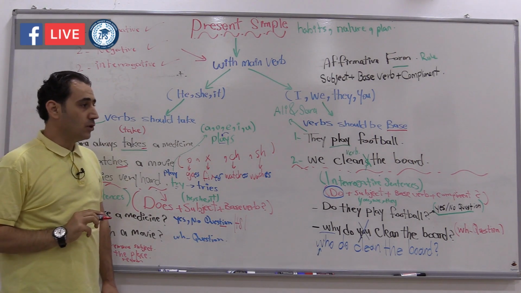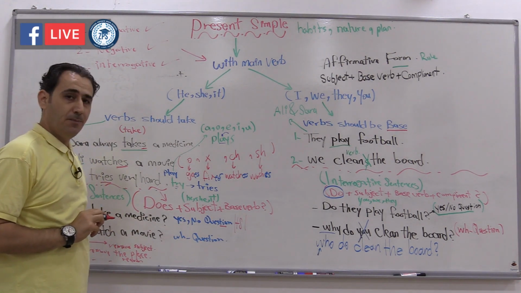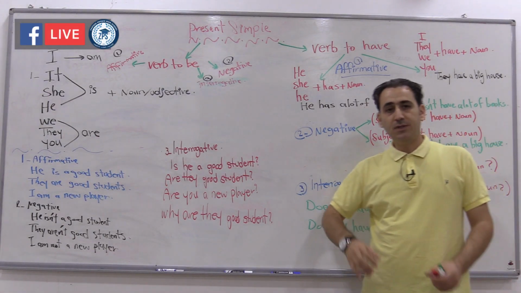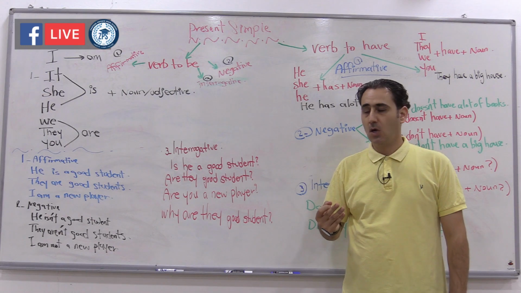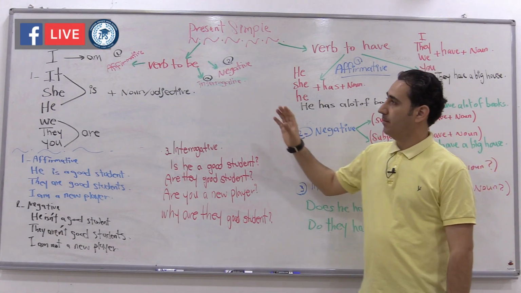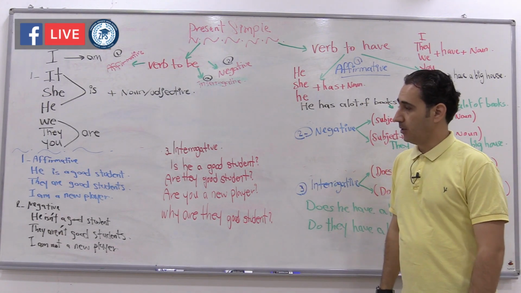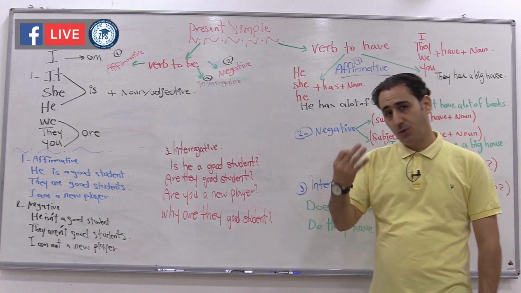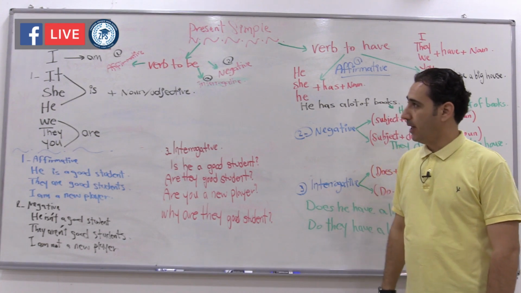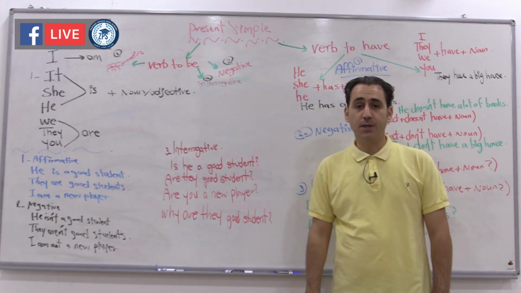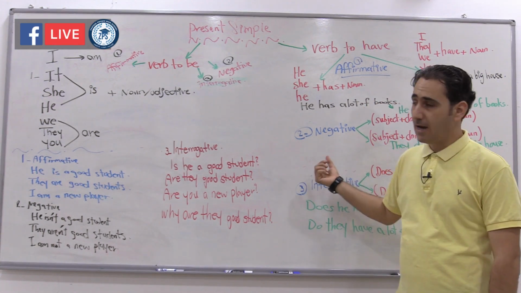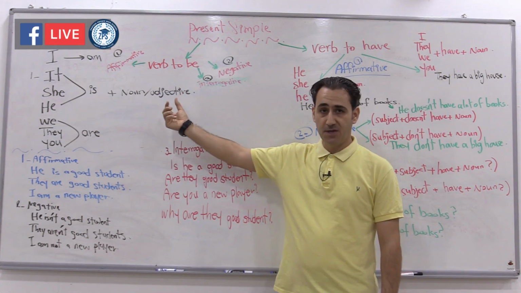So let's move to the second part with the helping verb. Students, let's move to the second and third part of this present simple. Yes, because first I said that we can categorize present simple into three parts. The first one was with the main verbs, the second one with verb to have, then with verb to be.